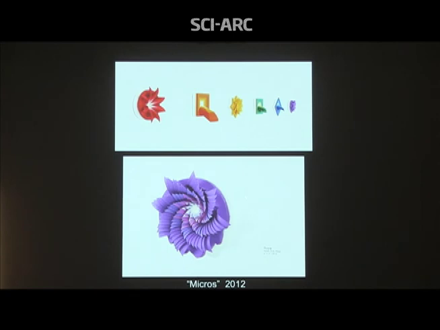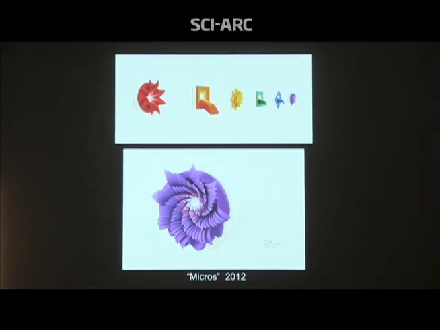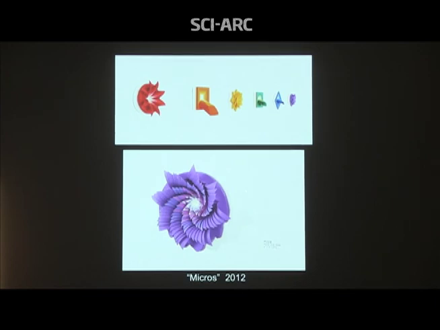This is an installation I did in LA at Martha Otero called Micros. It's just playing with the idea of big and small and those scales. These forms are found a lot in my artwork, just simple geometric shapes, and I wanted to see how small I could physically make a paper sculpture.